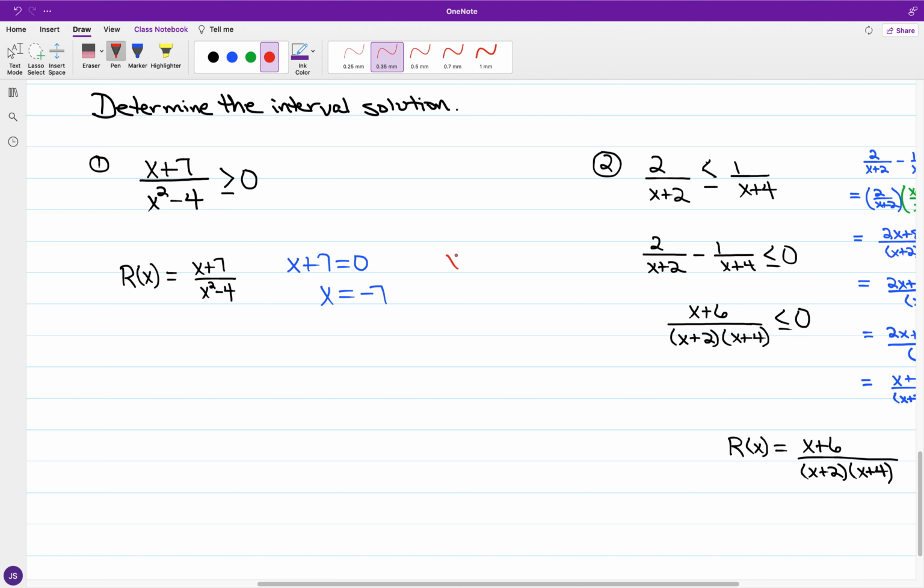And for the denominator, if I set x squared minus 4 equal to 0, now we have a difference of squares. I'll just go with the zero product property, but you could also use the square root property of equality, setting x squared equal to 4 and following through in that respect.